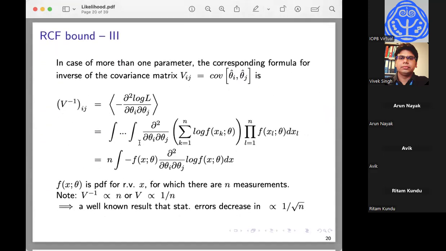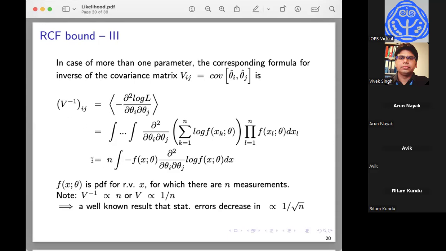Now you can do the same if we have more than one parameter. In that case, the corresponding formula will be the inverse of the covariance matrix V_ij. You can write the inverse of V_ij as the expectation of del square log L by del theta i del theta j. If you do this calculation, we end up with n times the integration over the PDF f of x, theta times the double derivative of log of f of x, theta.